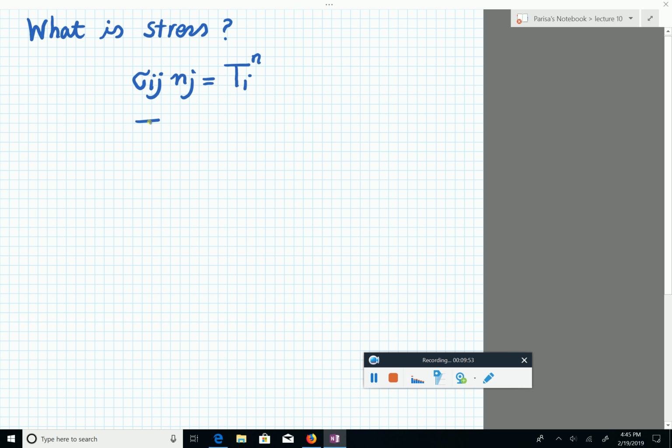And what is T(n)? It's the traction per unit surface. You can call it per unit area. And remember that we define traction at the boundary. So if you have a point, this is the boundary of the object.